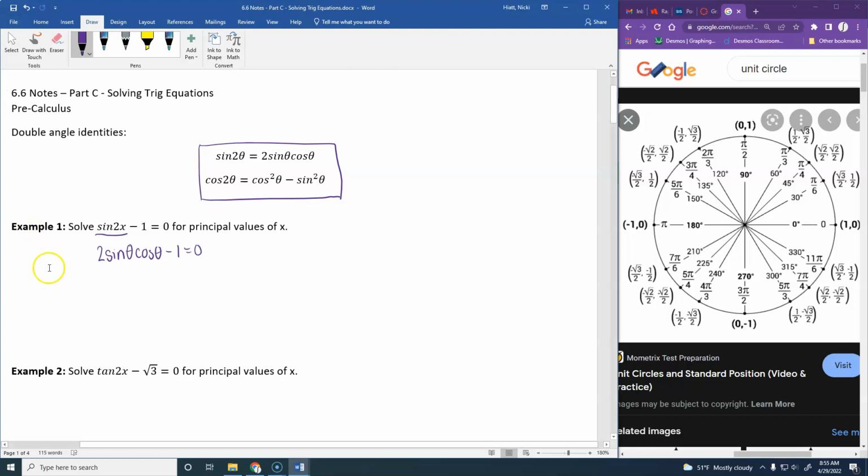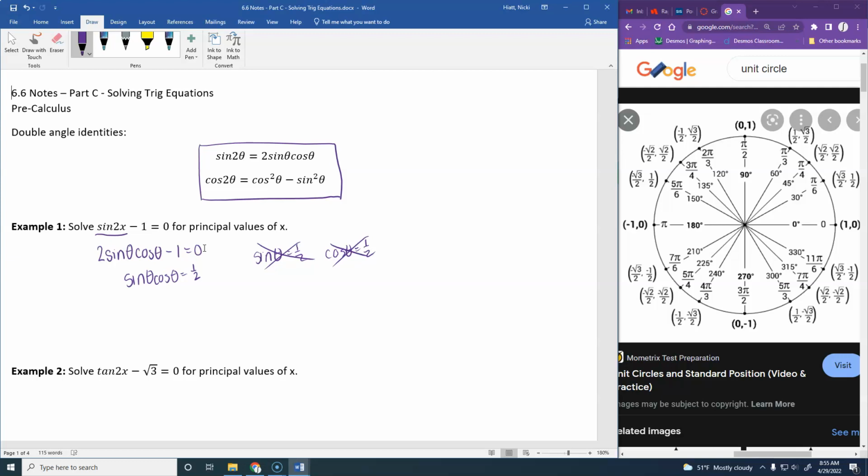can I factor that expression? Nothing I can pull out. I could move the 1 over to the other side and divide by 2, which would give me 1/2, but I cannot break this up and say sine theta equals 1/2 and cosine theta equals 1/2, because I can only do that whenever my expression equals 0.